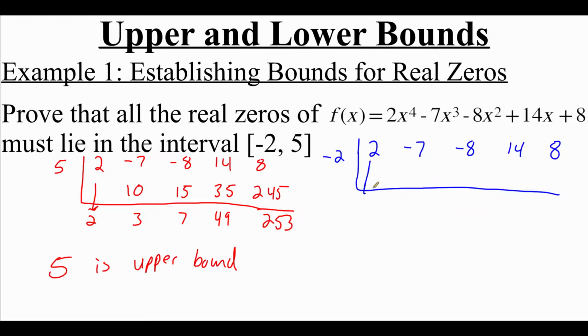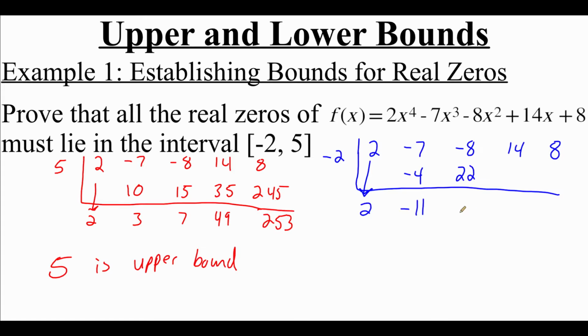So I'm going to start by dropping down the 2. Then I'll take the 2 times the -2 to get -4. Add the -7 to the -4 to get -11. -2 times -11 is positive 22.